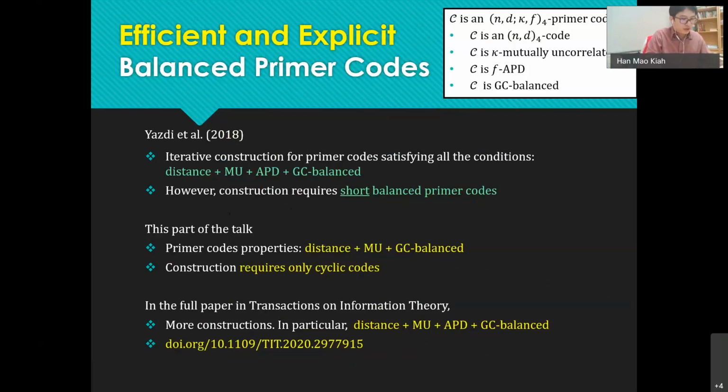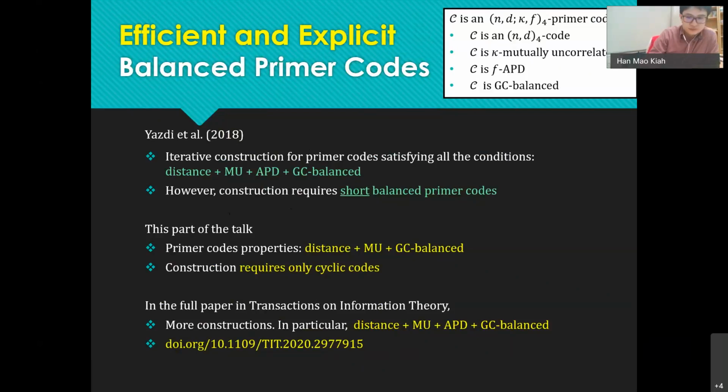In this part of the talk, instead I'm going to tell you of a more explicit construction that uses only cyclic codes. However, in my exposition, we only try to satisfy 3 out of the 4 properties that I mentioned earlier. If you're interested, you can read the full paper in Transactions on IT.